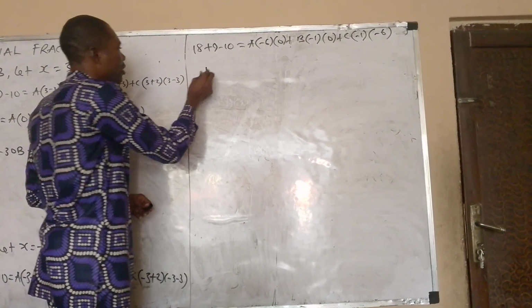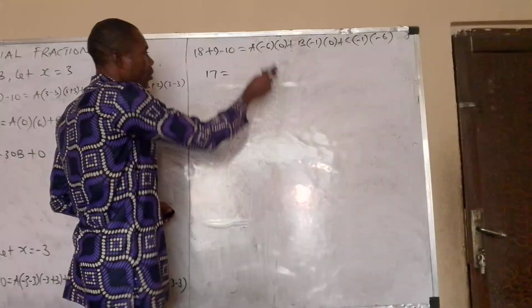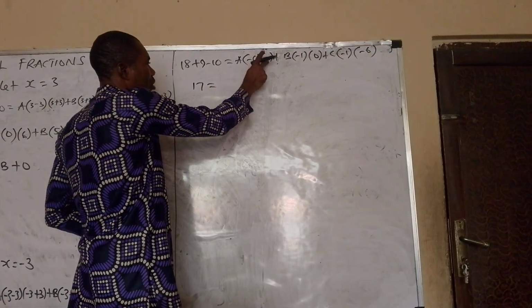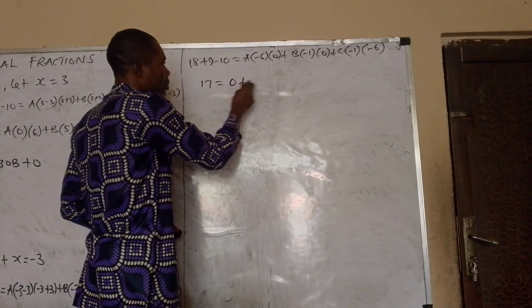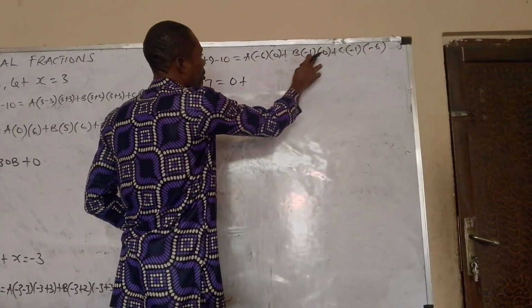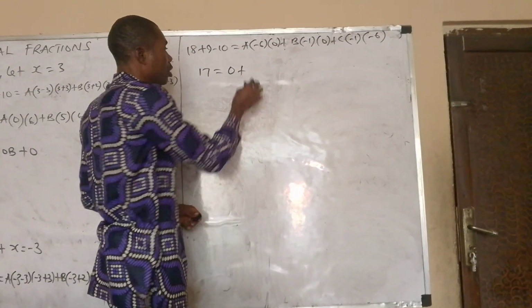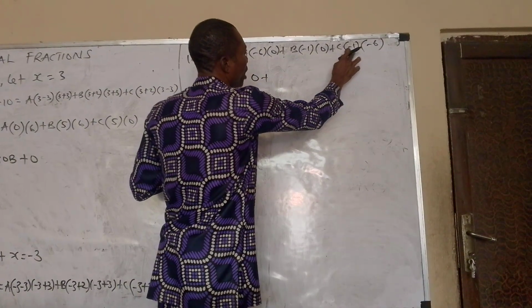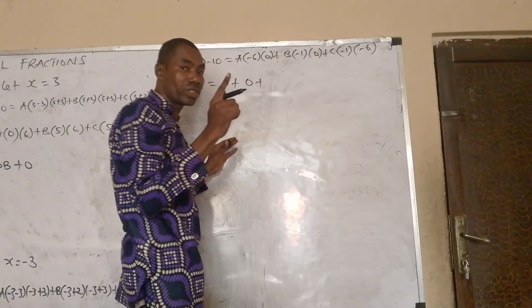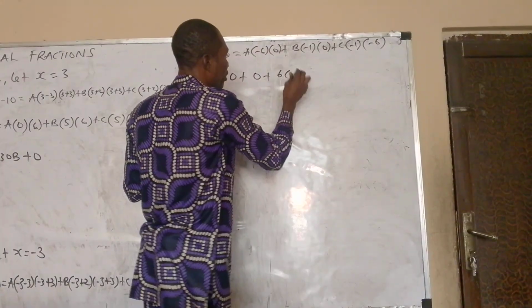Minus 10 is 17. Minus 6 times 0 is 0. 0 times A is 0. Minus 1 times 0 is 0. 0 times B is 0. Minus 1 times minus 6 is plus 6 times C is 6C.